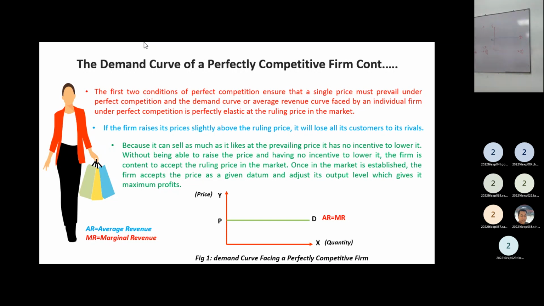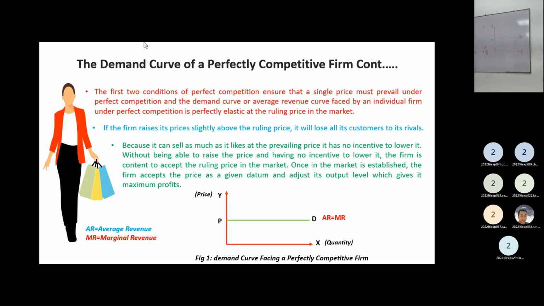Whatever quantity they are going to sell has to be sold based on the given price. So what are the things that they could use to maximize their profits? Cost. Yes, very good. Reduction in cost. Is that correct?